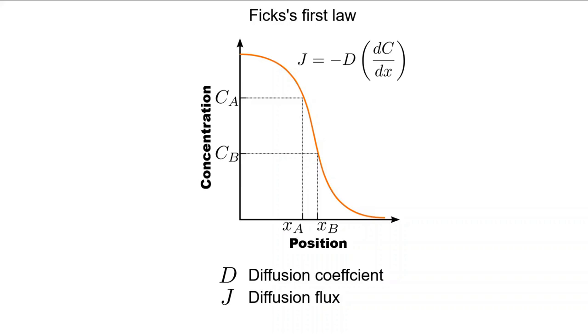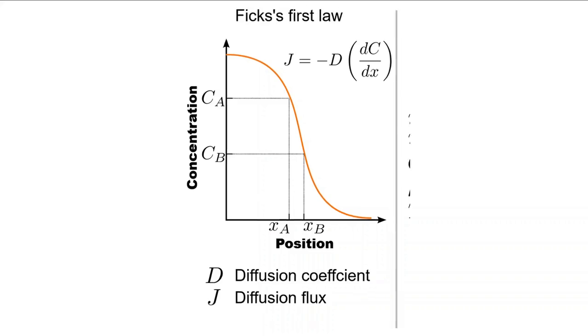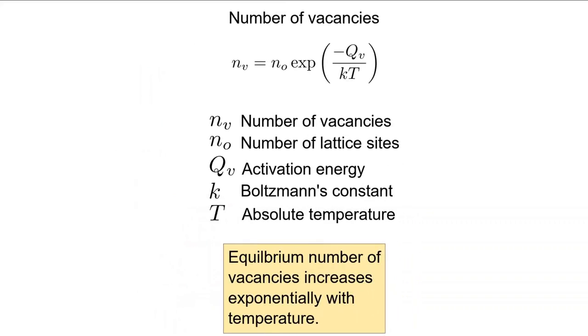For metallic crystals, the main route for substitutional diffusion is driven by temperature and the number of vacancies. But the number of vacancies is also a function of temperature. As the mean interatomic spacing increases, so too will the number of vacancies. Let's see how. The rate at which vacancies increase is a function of not just the temperature, but also the number of potential sites which could host a vacancy.